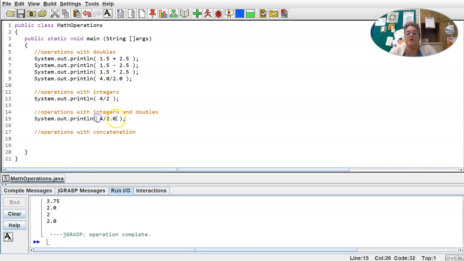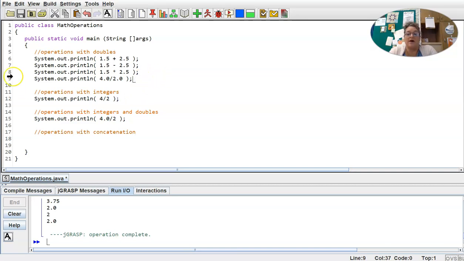So an integer divided by a double is going to return a double. And that would be the same if we made either one of those values in the division the integer versus the double. If any of those values is a double, then the answer of the division is going to be a double.